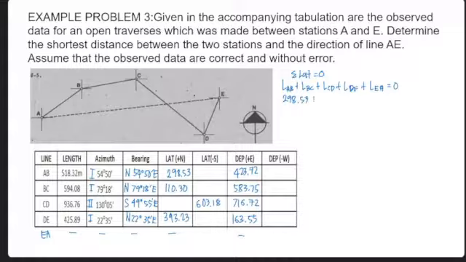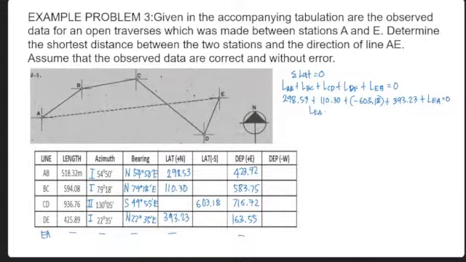298.53 plus 110.30 plus negative 603.18 plus 393.23 plus latitude of EA is equal to 0.